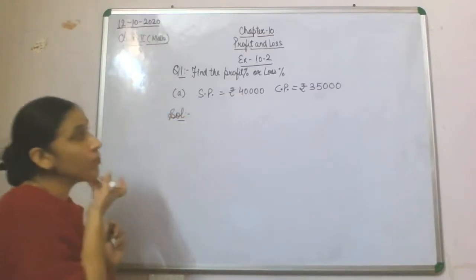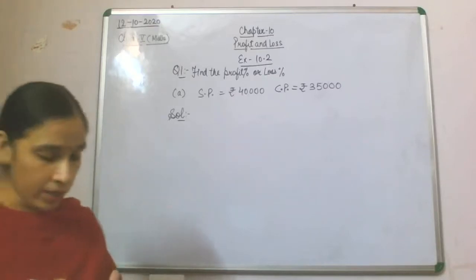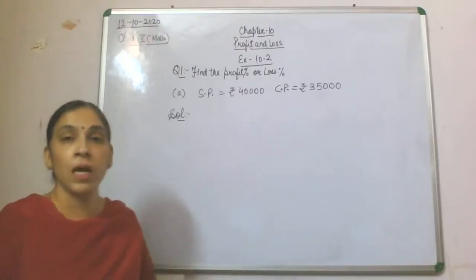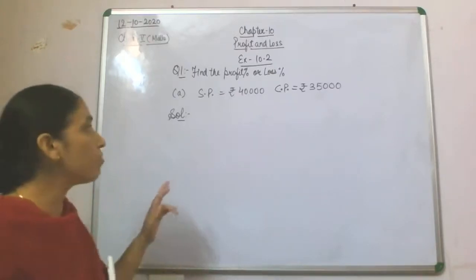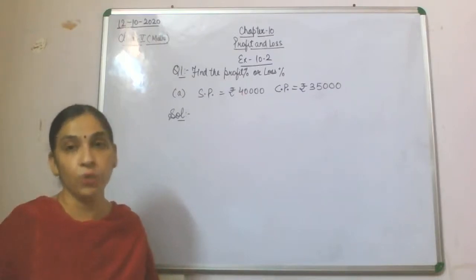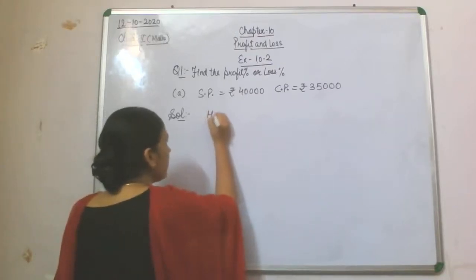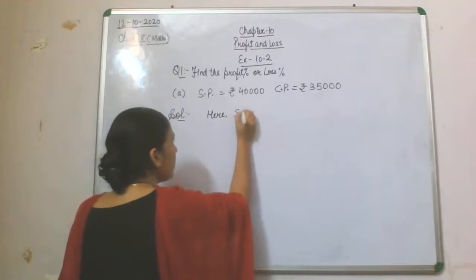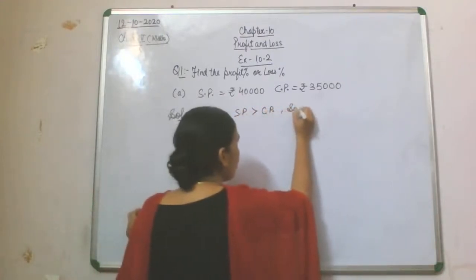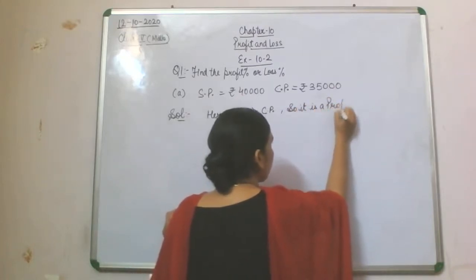So what we will do? Cost price is rupees 35,000. Now here that particular item was bought for rupees 35,000 and sold for rupees 40,000. It means selling price is more. So here you are getting profit. We'll write here selling price is greater than cost price, so it is a profit.